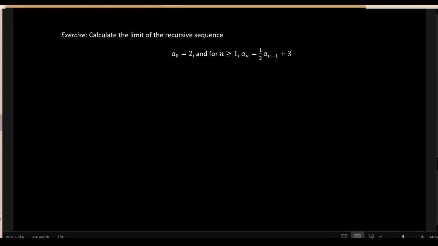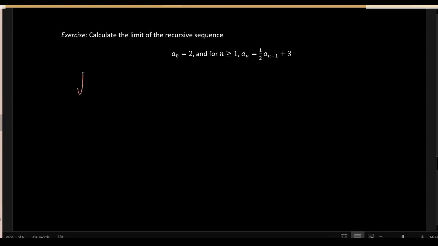Now, in the fourth sequence that we examined, we saw the recursive sequence a0 is equal to 2, and subsequent terms can be found by taking half the previous term plus 3. We saw that this sequence was monotone, it was increasing, and it was bounded between 2 and 6.